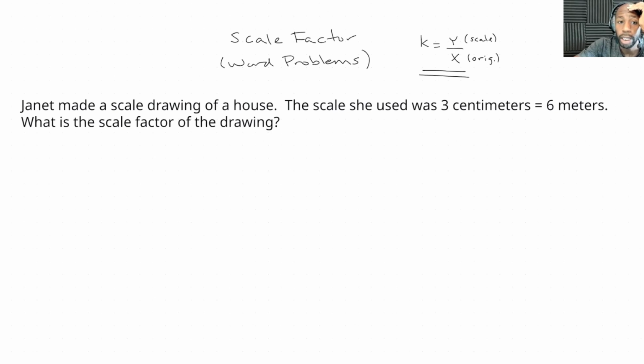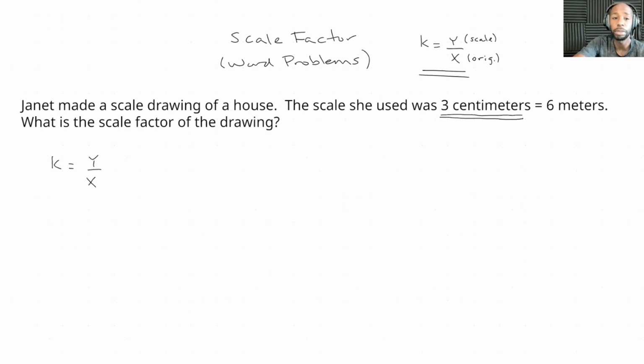So remember, K, the scale factor, is going to be equal to Y over X. Y corresponds to the scale. X corresponds to the original. Now, the scale, you know that this measurement right here, the centimeters, the smaller measurement, that's going to be the scale because that's where the drawing is going to be drawn in centimeters, right?